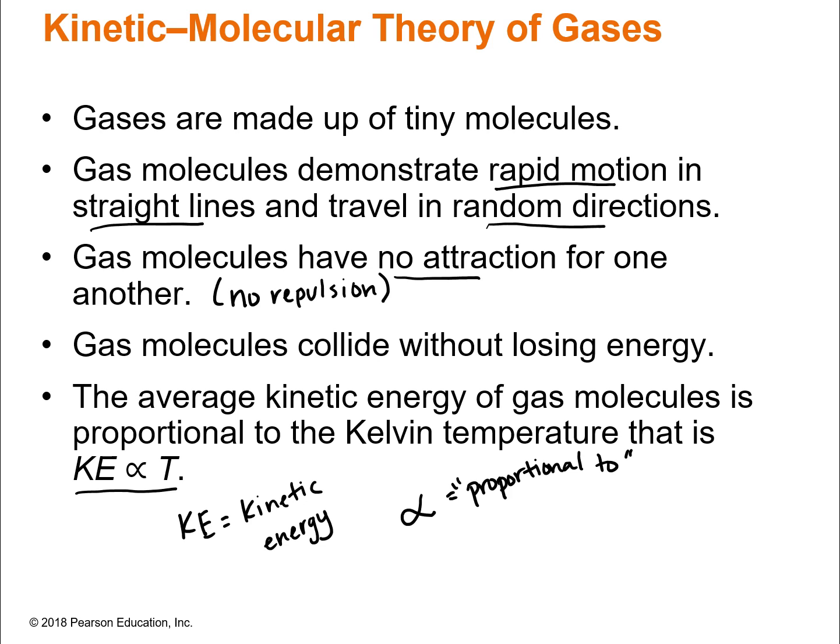And that's why we have to use the Kelvin temperature when we do our calculations, because the relationship between the energy of a gas molecule and its kinetic energy is through Kelvin, not Celsius. So are there any questions about this? You just kind of have to know it and answer some simple multiple choice about it. Let me know if you're ready to move on.